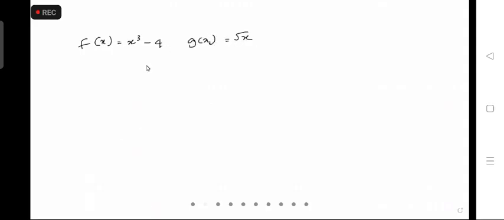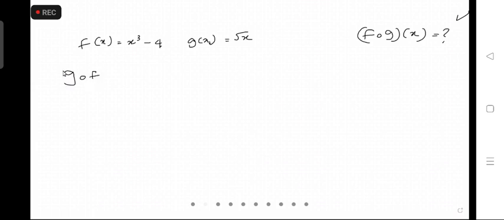Let's take the same functions, but something different. Someone asked earlier, now you find f g is solved. Someone asked you g f. You know here how to do this.